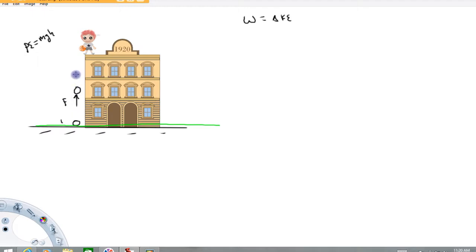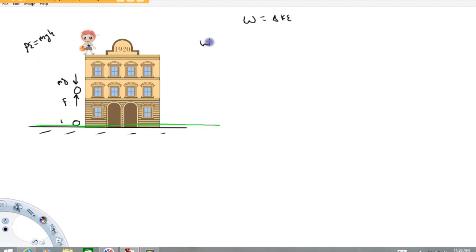There's also a gravitational force acting on the ball, which would be down, equal to mg. Now, as long as this ball is carried upward at a relatively constant speed, then the net force on it is pretty much 0 the entire time, which means these two forces are equal.